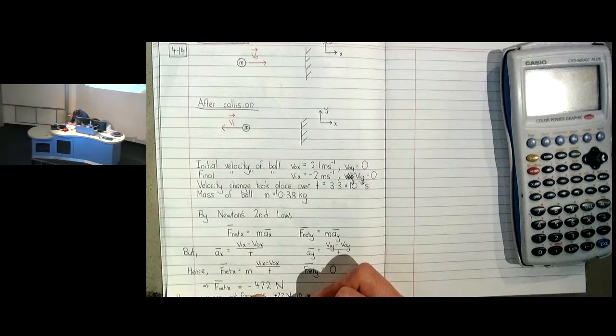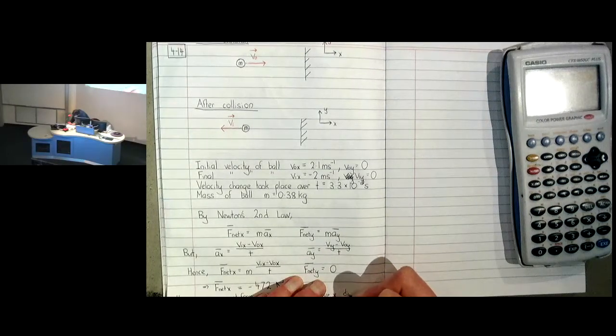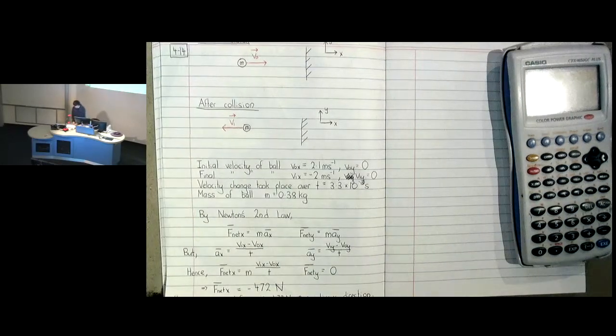So in the negative x direction. So probably for the purposes of putting this into Wiley plus, you would just need to enter this. So 472 with the minus sign.